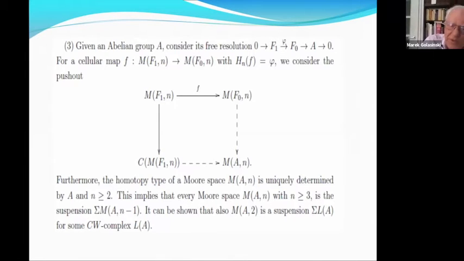This CW complex, which is denoted by LA, is not unique, but exists. So anyway, we have information we are going to use later on: a Moore space of type M(A,n), if n is at least 2, exists, is unique, and is a suspension of some other space.